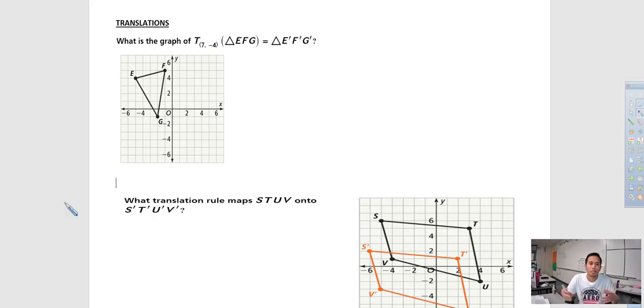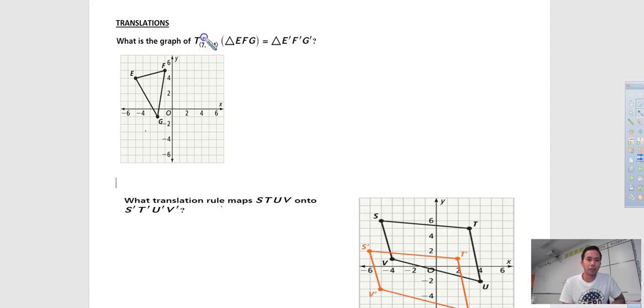All right. So it's a lot easier if we are going to apply a given rule on your translation. So let's proceed with the first example that we have on your screen right now. On this example, we have T, which stands for translation, and then we have 7 and -4.